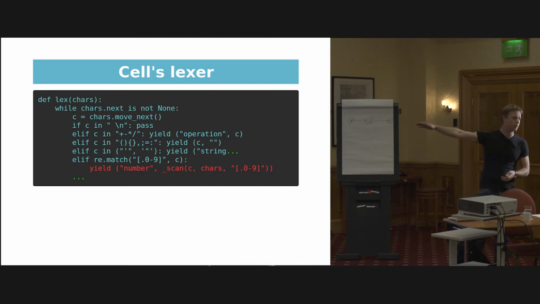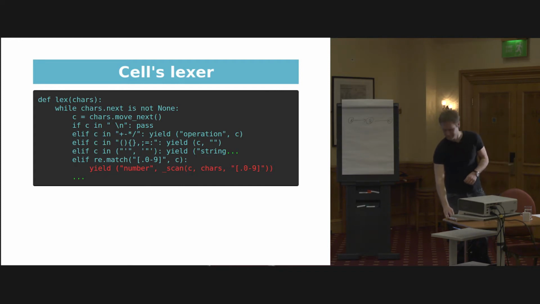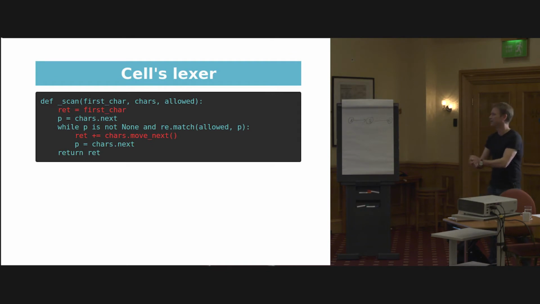If you're not familiar with the Python regular expression stuff, we're using it in a really dumb way here. We're just saying if there's a character that is a dot or 0 to 9. I could equally have written just "in" a string that has those things in it. It's not helpful. Okay, so the scan function is probably even simpler than the scan string function.